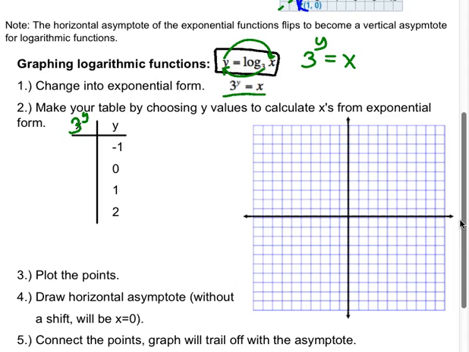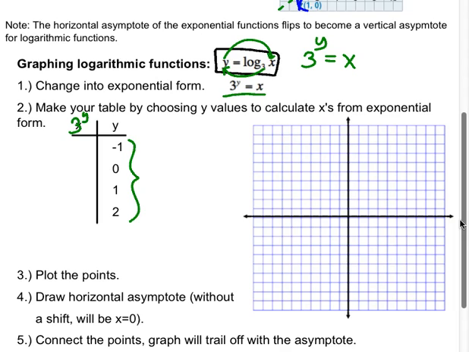It's going to be a little bit odd for you to solve problems this way. But once I rearrange it to get 3 to the y equals x, now I start picking y values. These are typically the values I would recommend you pick, because outside of that window, most likely you're not going to be able to see the points anymore. They're going to be off your graph or too little to graph.